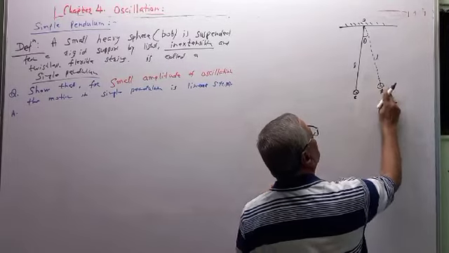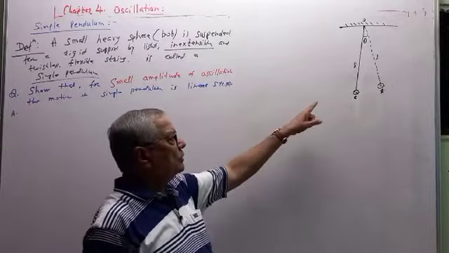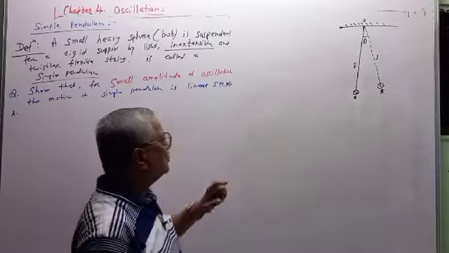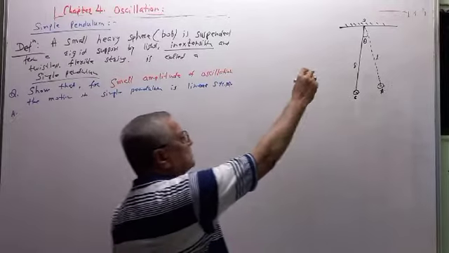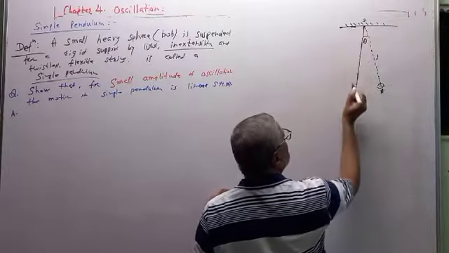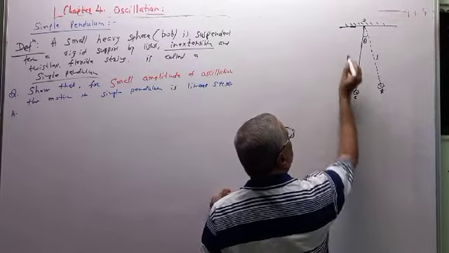Now in case of simple pendulum, one point is also important. This length of the simple pendulum L is always measured from the point of suspension O to the center of gravity.